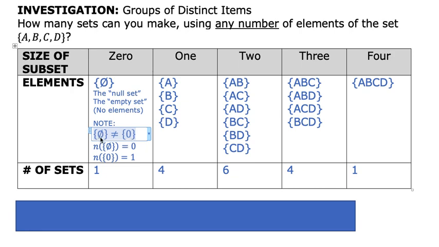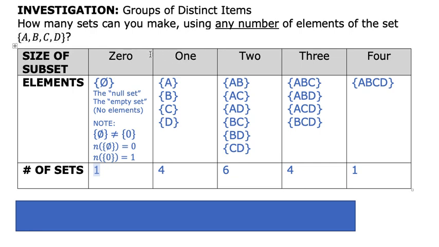The null set means that it's empty. So the number of elements in the empty set is 0. The number of elements in the set 0 is 1 because that includes 0. So we still consider this to be a subset of size 0. That's one set. Not selecting any is one case.